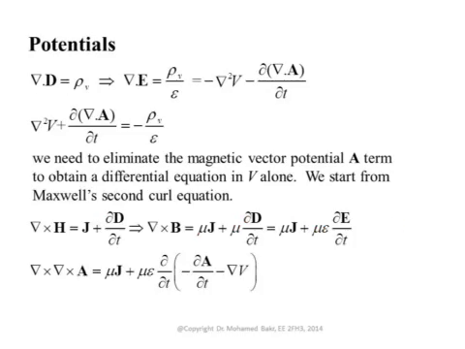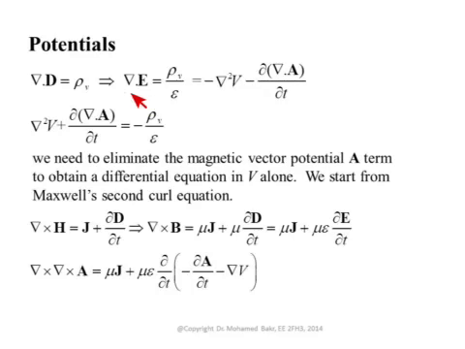Now we'll attempt to change the Laplace or Poisson equation to get an equation that applies for the dynamic case as well. We know that divergence D is equal to rho volumetric, and this expression is valid for the static case and for the time varying case. So we can replace D by epsilon E, and if epsilon does not change with space, we can take it out.